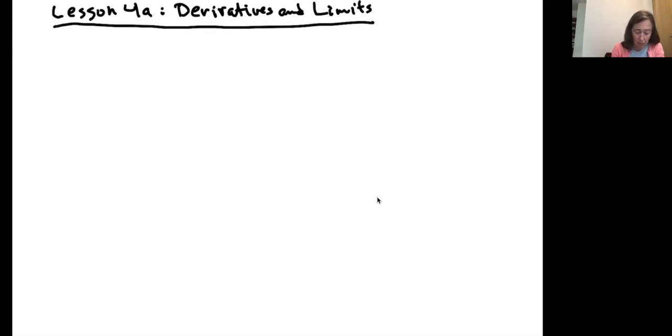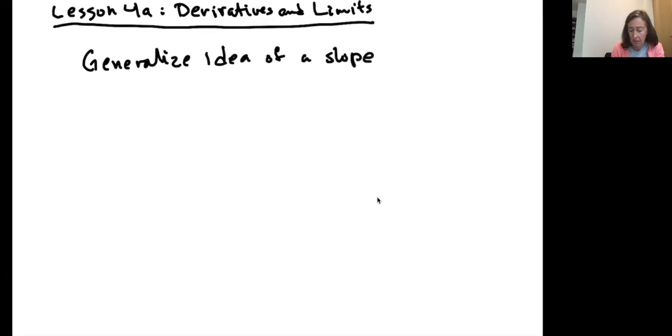Okay, so what we want to do is generalize the idea of a slope to work for nonlinear functions.